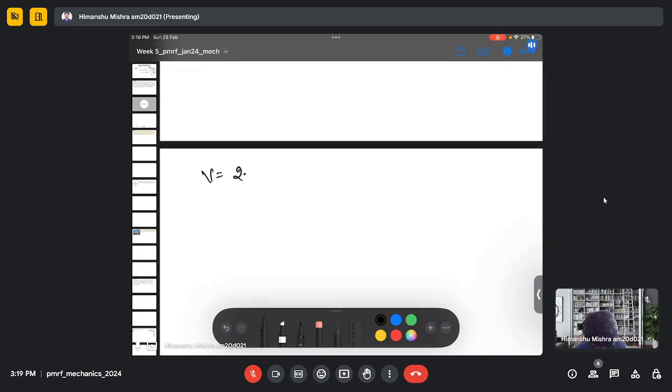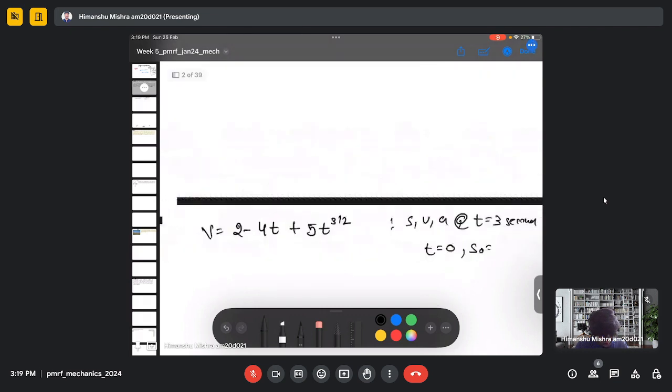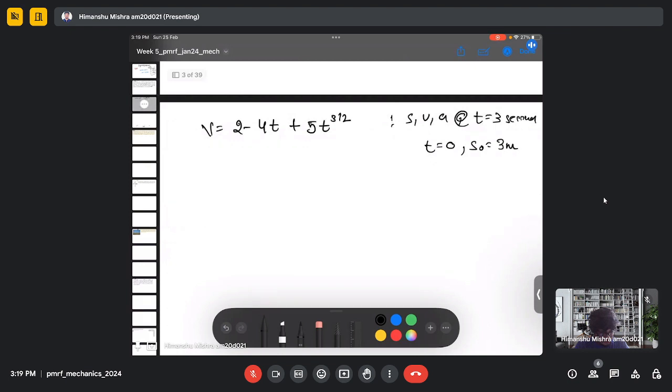So we have given the velocity 2 minus 40 plus 5t to the power 3 by 2, and we need to find the position, velocity and acceleration at time equal to 3 seconds. And we have given that at time equals 0, the initial position is 3 meter.